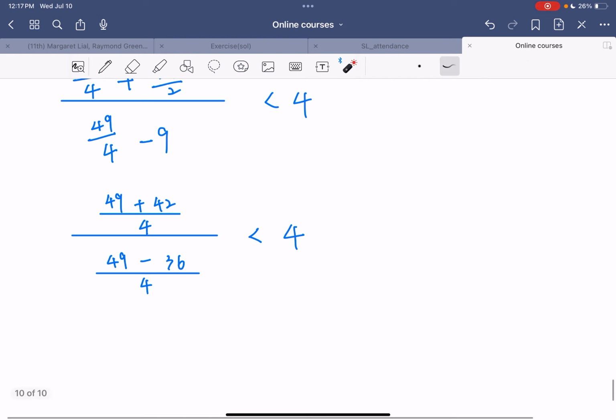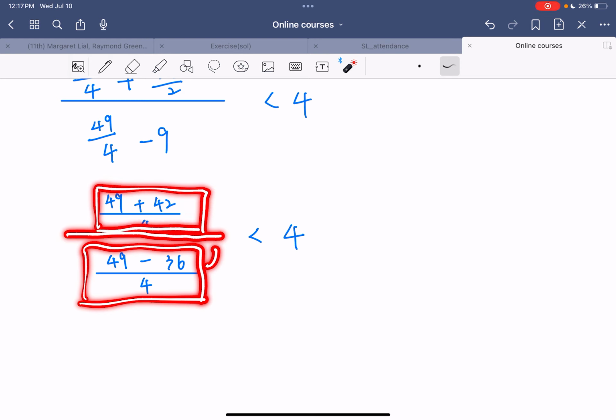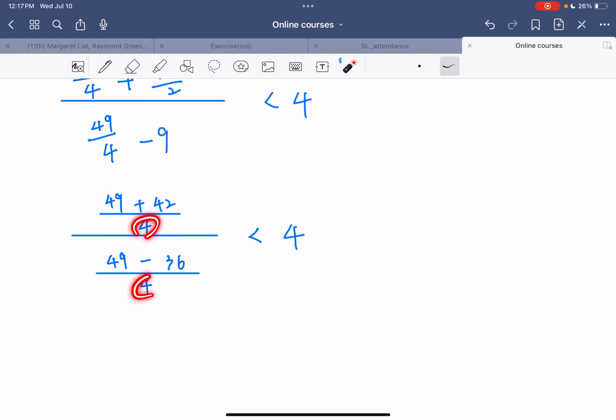And since we got the same factor in the denominator, here is a big fraction, so this part is the denominator of the big fraction. This part is the numerator of this big fraction. They have a common factor 1 over 4. So we can times 4 for the denominator and the numerator, and they will eliminate each other like this.